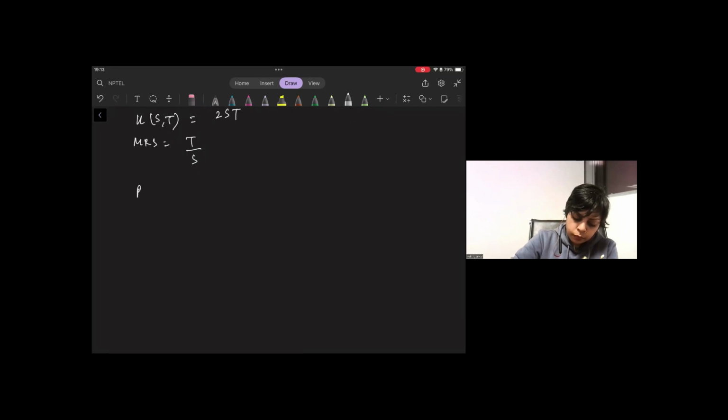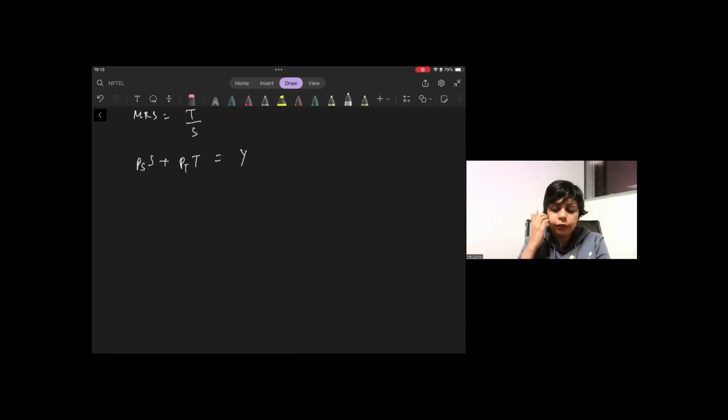In this case, PS into S plus PT into T is equal to Y. All we have changed is that instead of money, we are taking time as the constraint. And instead of time, it can also be space, or something else, right? I'm just trying to expand the boundaries of what we are calling a constraint. You know how they say time is money. Similarly, I think you have similar questions in other parts of your course.